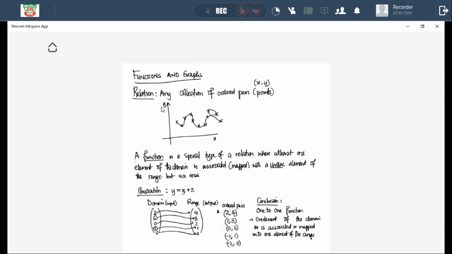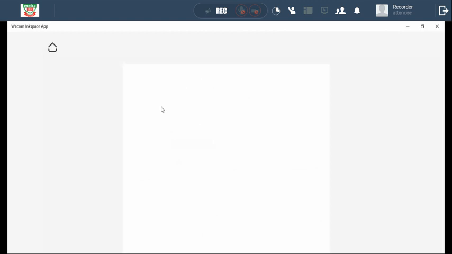Let's come to the next illustration. I'm going to look at another function here.